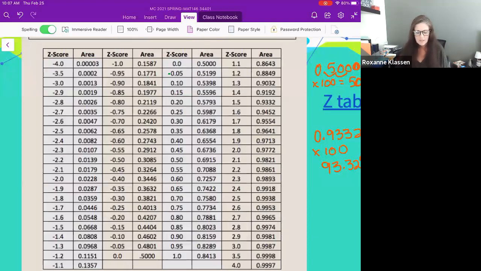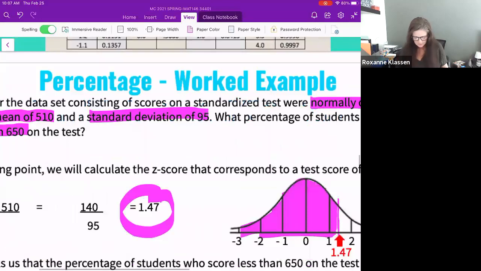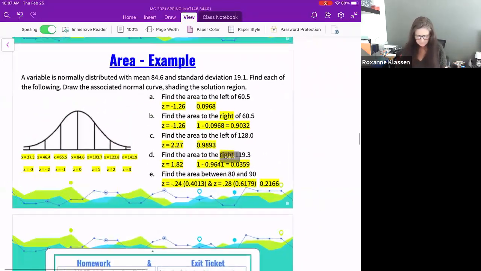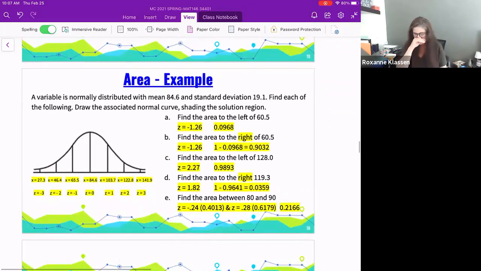All right, let me go to these answers. So did you notice part B was the same as part A, except for you just had to do 1 minus that? How many of you noticed that? Okay, and I want to show you something on the Z table with that as well in just a second.